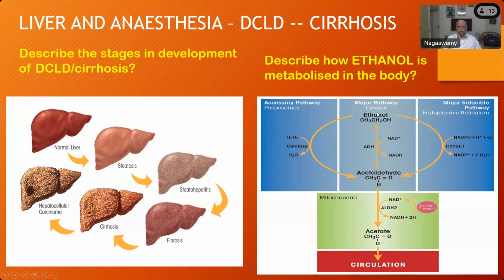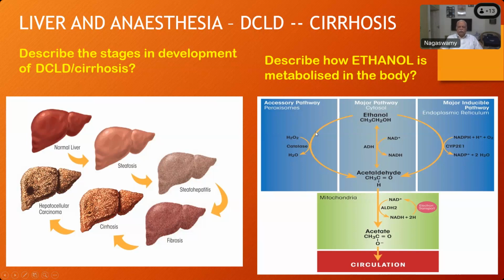In the cytosol, the ethanol is converted to acetaldehyde by alcohol dehydrogenase. This ADH stands for not antidiuretic hormone, but alcohol dehydrogenase enzyme, which converts ethanol into acetaldehyde. This is the major pathway.